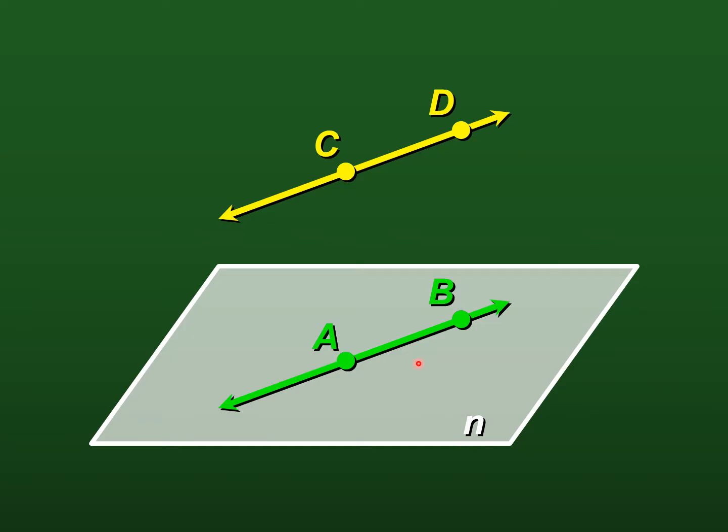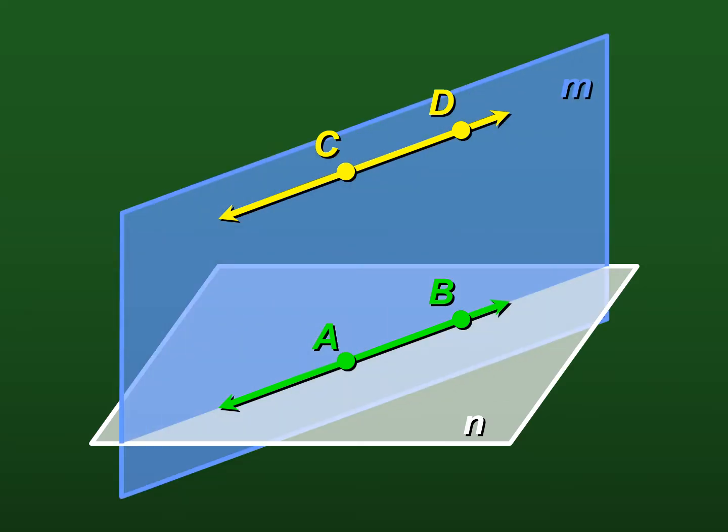Since line AB is parallel to line CD and line AB is in plane N, we can say that plane N is therefore parallel to line CD. And then we have plane M that contains line CD and line AB.